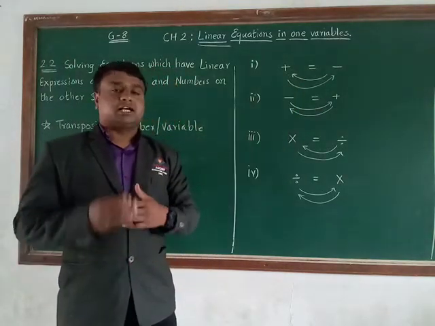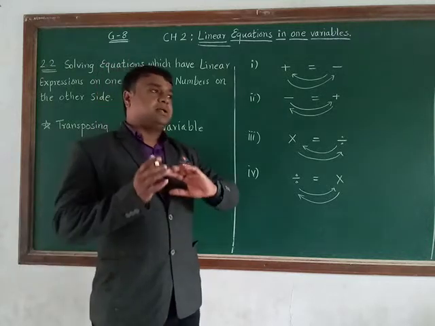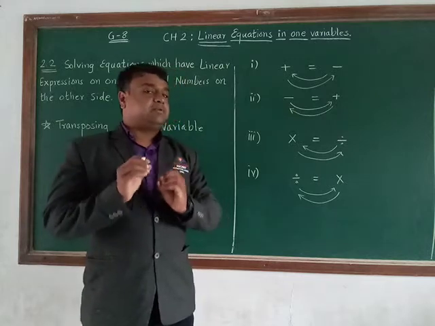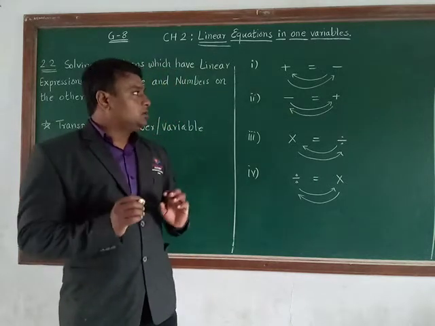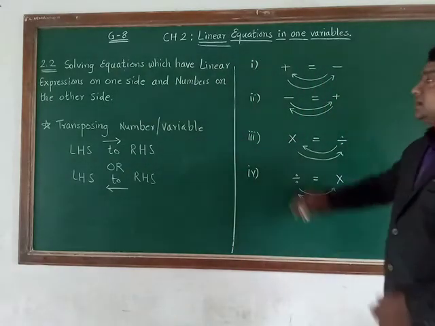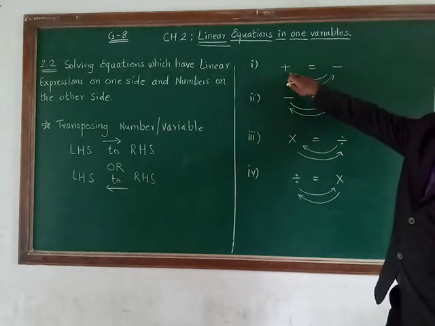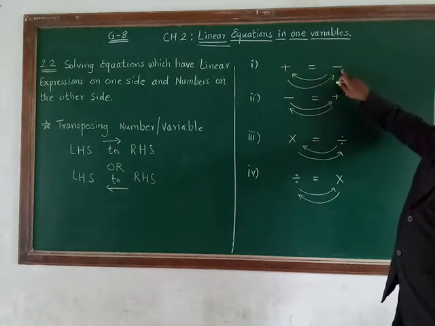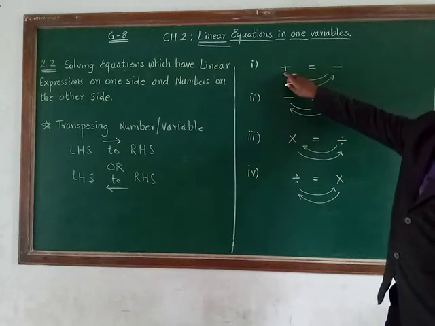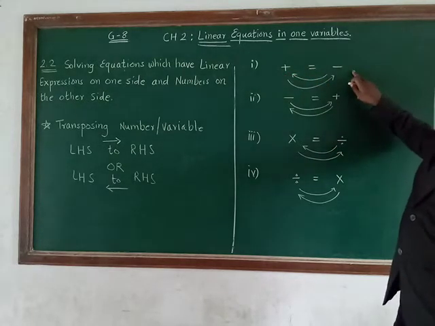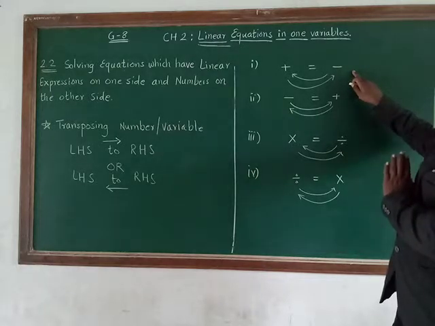Whenever we transpose a number from the left hand side to the right hand side, what do we have to remember? The first rule is that whenever we transpose a positive number from the left hand side to the right hand side, the value of that number or variable becomes negative on the right hand side.